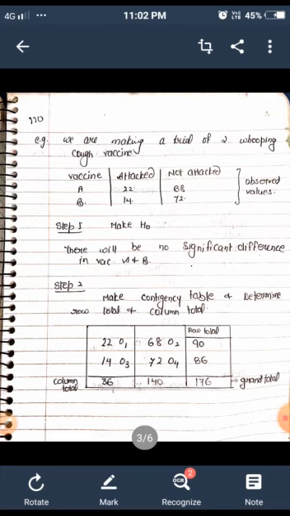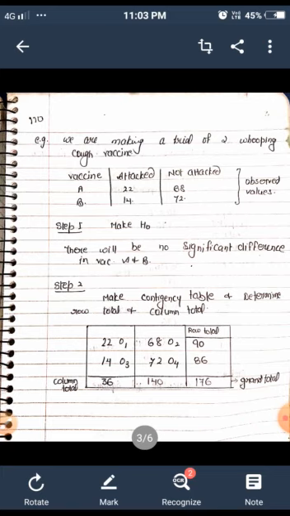You can go in the horizontal way or in the vertical way. You can give any number to any value. I am taking it horizontally, you can apply these numbers vertically too. So 22 is our first observed value, 68 is the second observed value, 14 is the third observed value, 72 is the fourth observed value.